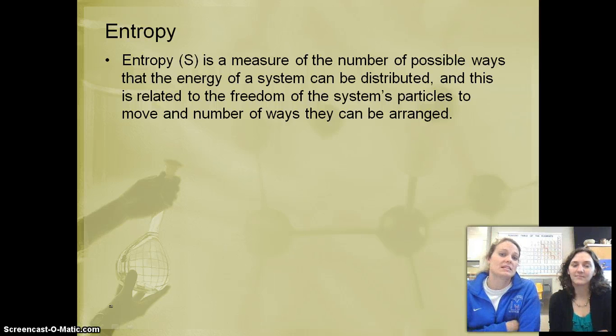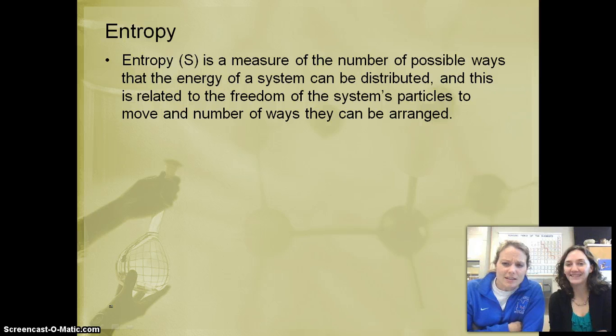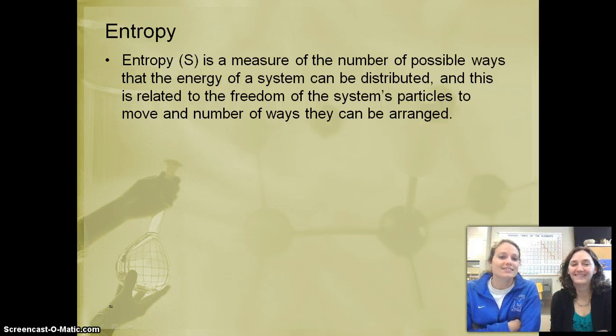Entropy. Entropy is known as S. It is the measure of the number of possible ways that the energy of a system can be distributed. This is related to the freedom of a system's particles to move and the number of ways they can be arranged.